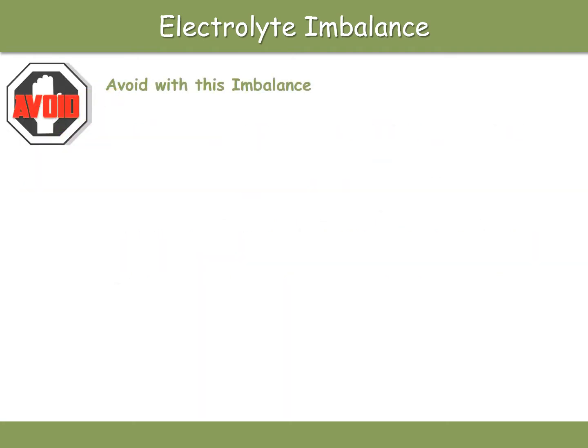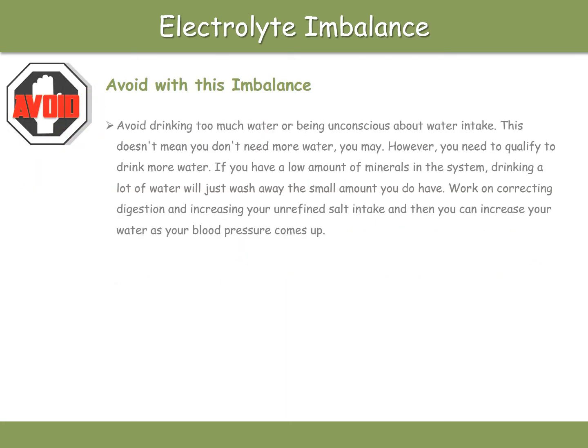Some of the things you need to avoid with this balance. We need to be a little bit careful here, because we've got to be careful about drinking too much water. It doesn't mean you don't need more water, it just means you've got to be careful. We may need to qualify you to drink more water because, for instance, a catabolic person with low electrolytes will struggle because they have quite a lot of diarrhea.